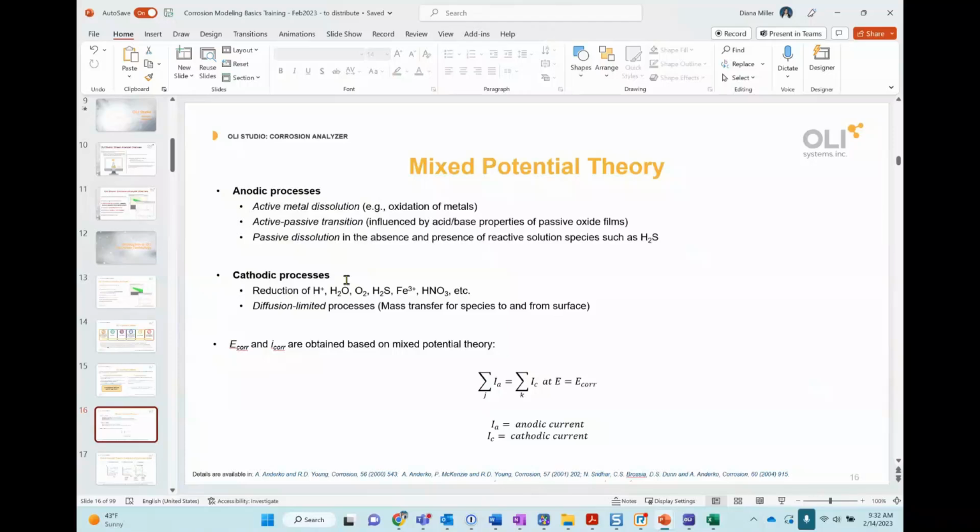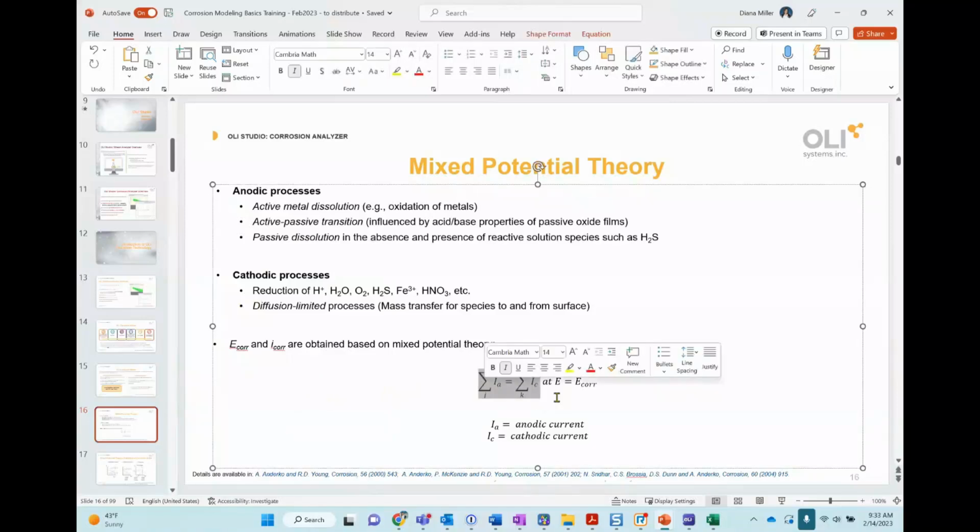The cathodic processes are the reduction of all of these different species on the metallic surface, and we also take into account the diffusion-limited processes. So when the anodic and cathodic processes have the same total current, it would be this value here. That's what we call the corrosion potential.